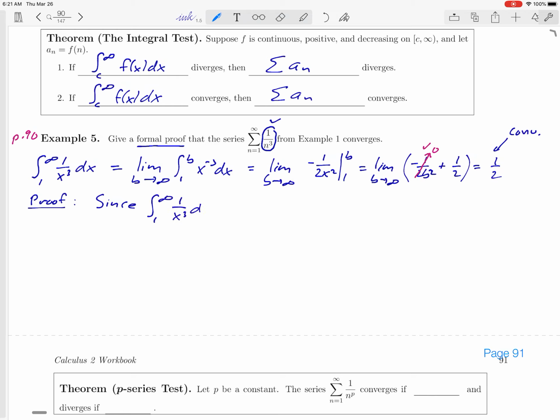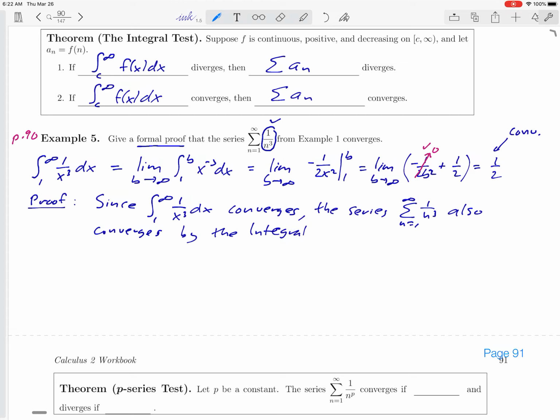Since the integral of 1 over x cubed converges, we know that the series must also converge. And the test that we used to conclude that was the integral test. So that sentence that we just wrote is actually our answer to this question.